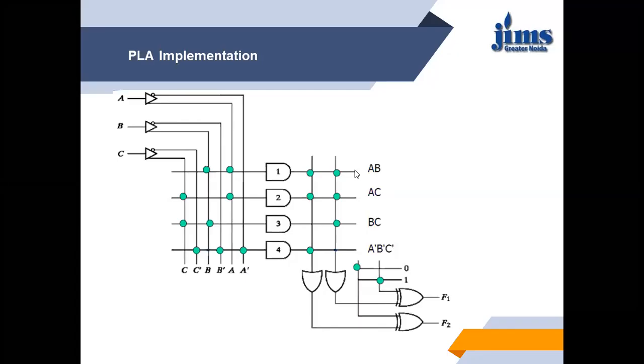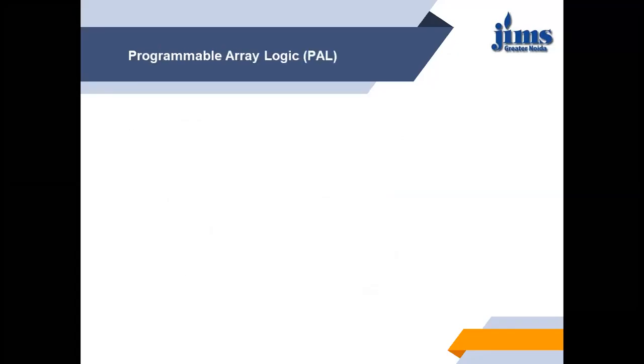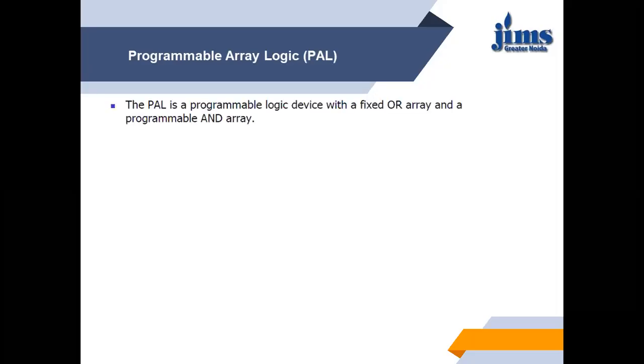Now in today's class, we are going to discuss the PAL, programmable array logic. The structure is almost the same as PLA. PAL is a programmable logic device with a fixed OR array, which means the connections in the OR gates are fixed and the AND array is programmable.